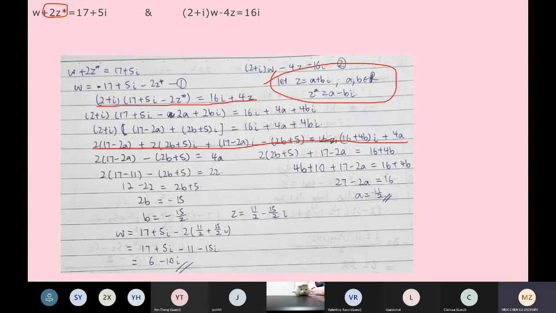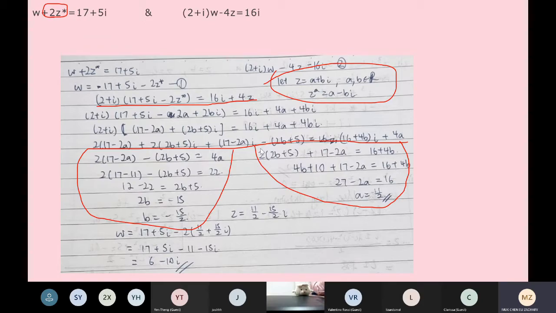Okay. So over here, we got the comparison of the real parts. Here, we've got the comparison of the imaginary parts. Now what you see over here is that when you try to simplify both sides, you realize that for the imaginary part, the parts with b actually cancel out.